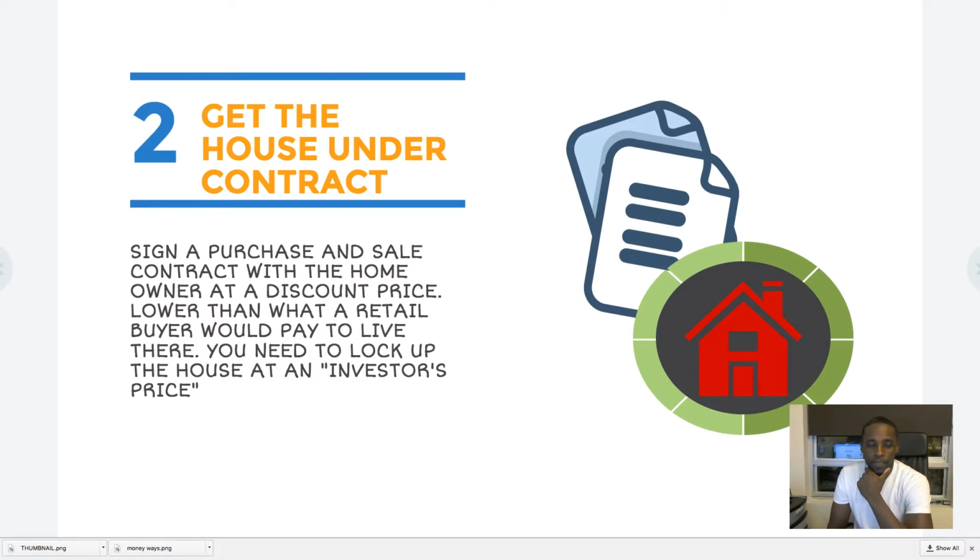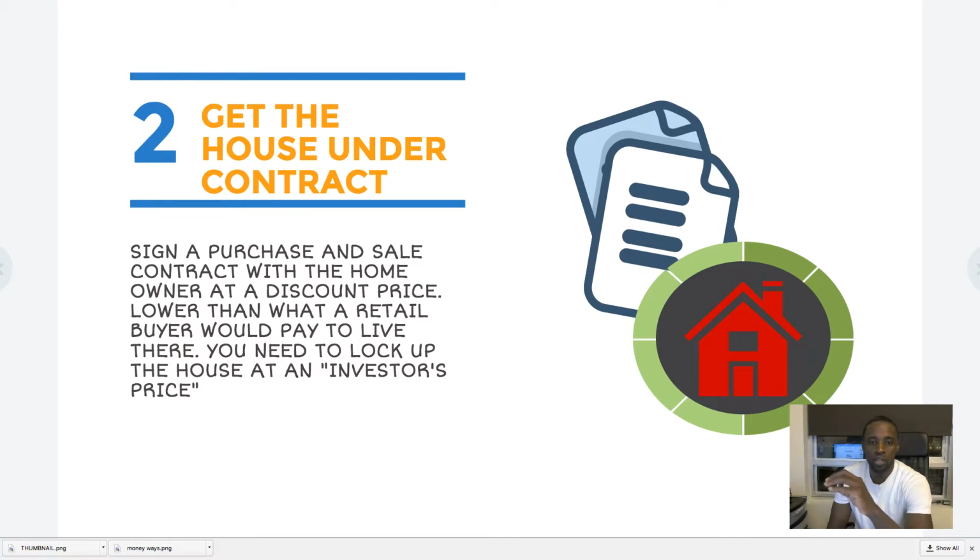And then you need to get the house under contract. Getting the house under contract, you sign a purchase and sale agreement with the homeowner at a discount price, and I'll show you how to get that discount price. Lower than what a retail buyer would pay to live there. You're looking to get a lower price because you're not looking to live there; you're looking to buy this as an investment.